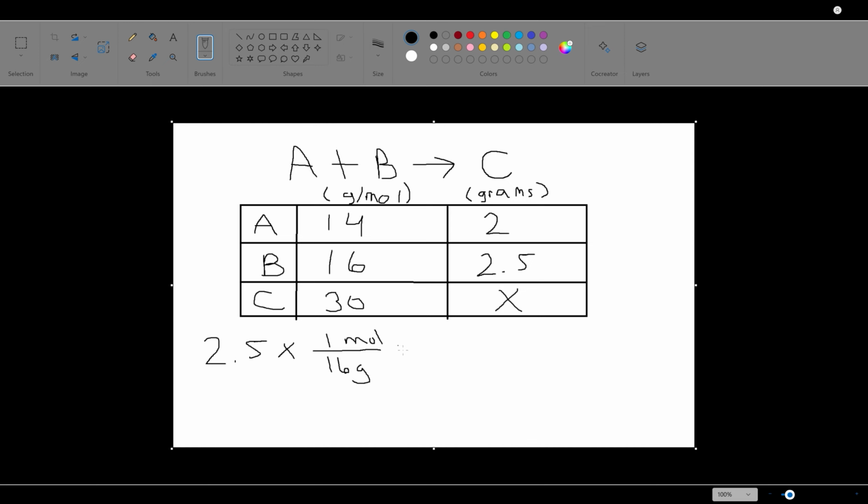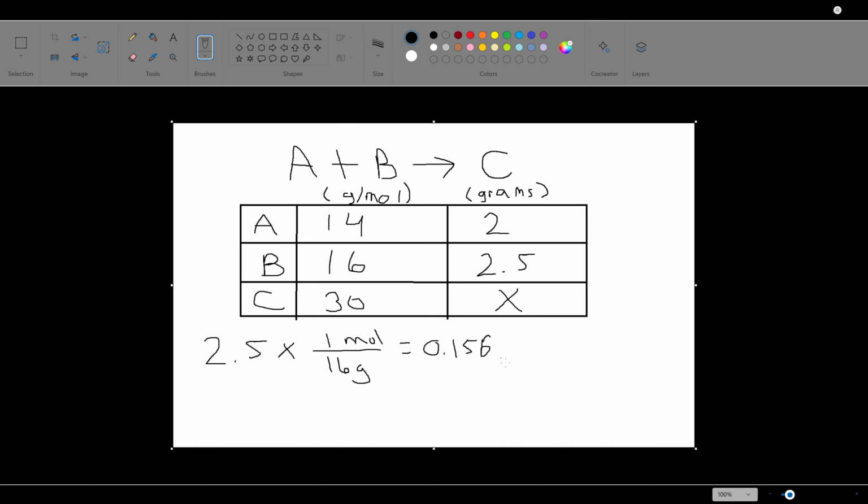Which would get us 0.1536. That's what it would get us.